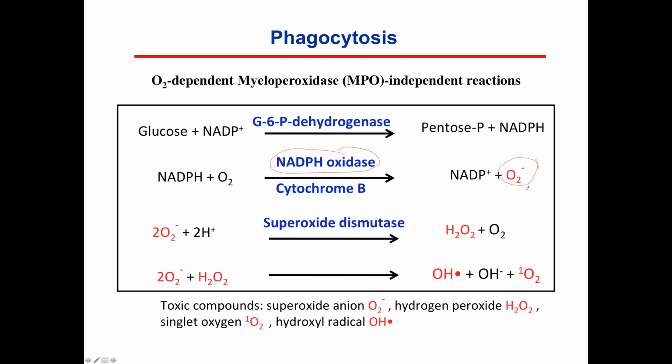The superoxide itself is not tremendously toxic, but in the presence of, for example, superoxide dismutase, it is converted into hydrogen peroxide, and hydrogen peroxide and superoxide can combine, forming a very toxic species called the hydroxyl radical.